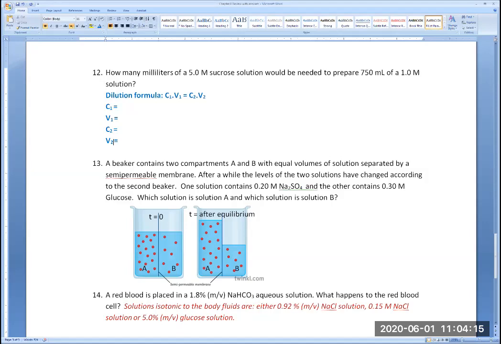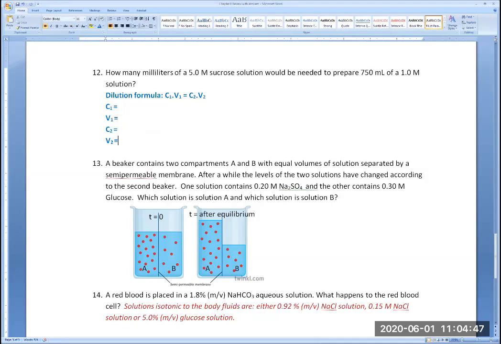So let's look at the text again. How many milliliters of a 5.0 molar sucrose solution would be needed to prepare 750 milliliters of a 1 molar solution? So the one here refers to the stock solution, the concentrated solution, and the two here refers to the diluted solution, the solution you get once you have done your dilution.